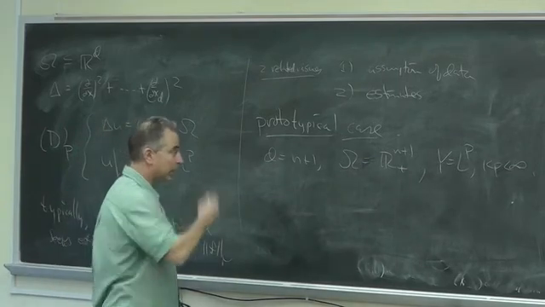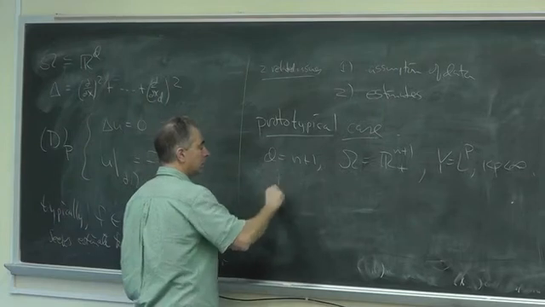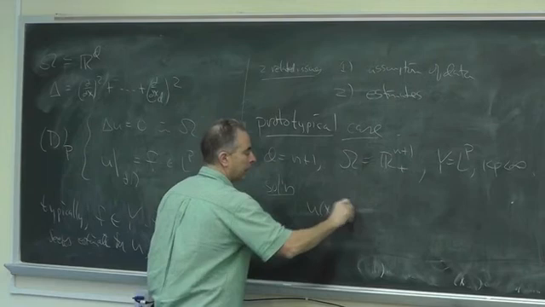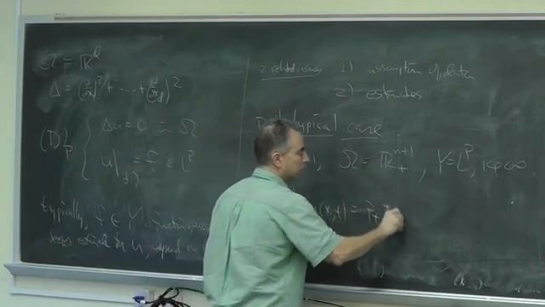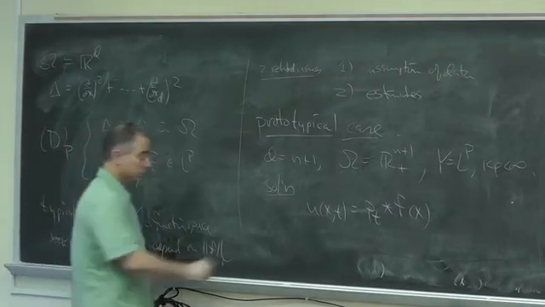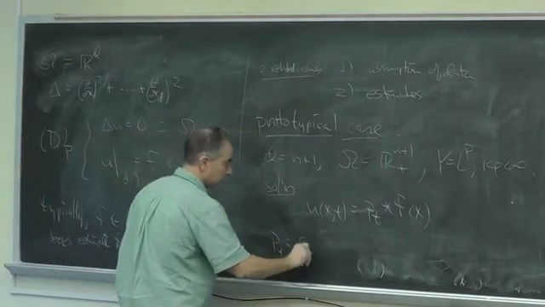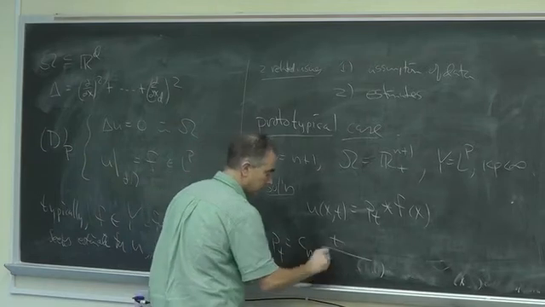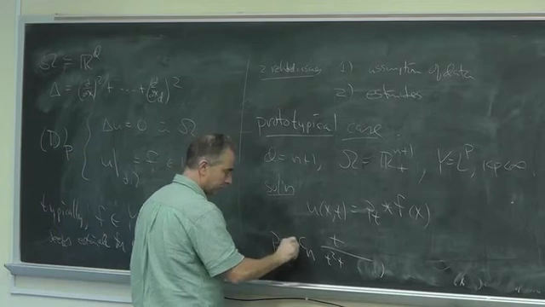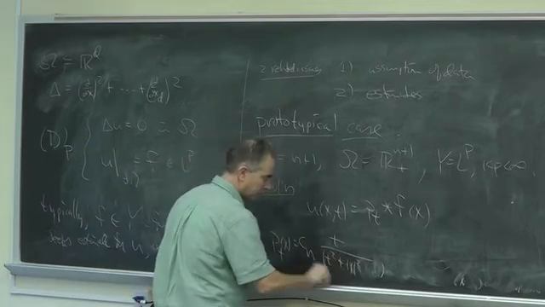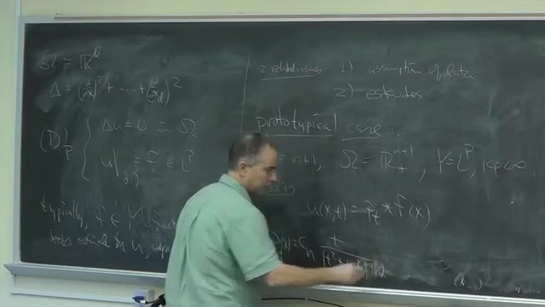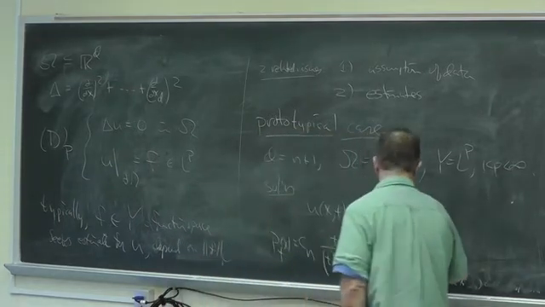In this case, the solution can be constructed concretely. It's given by convolution of the data with the Poisson kernel. This is the classical Poisson kernel for the half space.